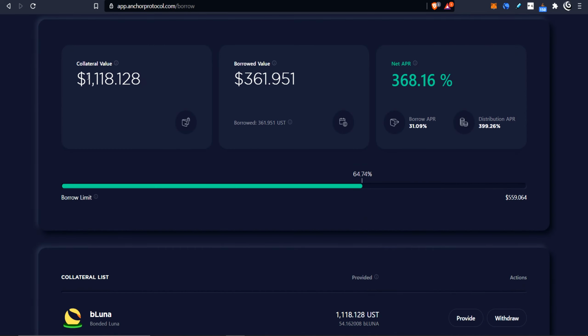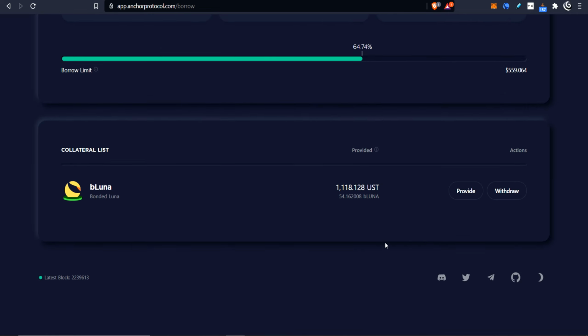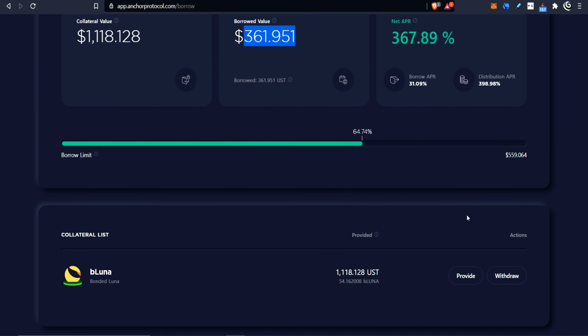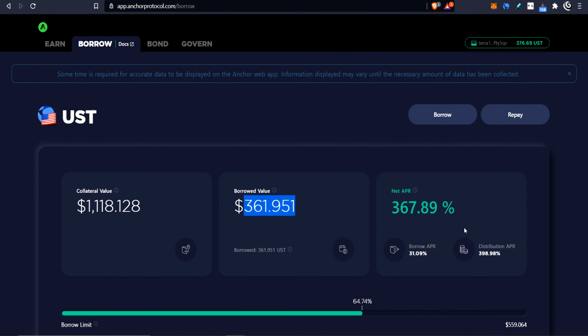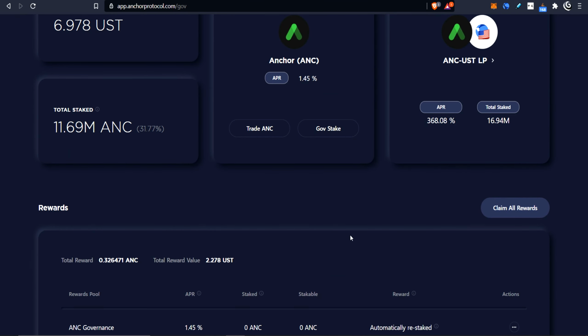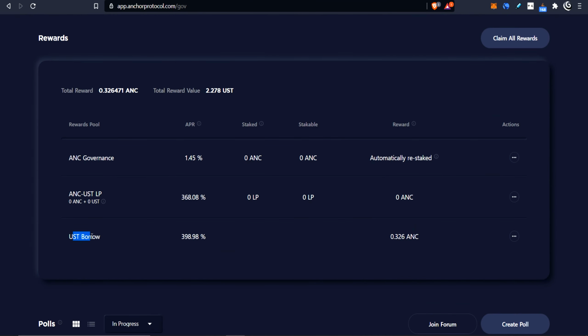Okay, so you borrow this, and as you can see, I've borrowed $361, and I'm gaining rewards of $365 on this $361, not on the total. Okay, so where are these rewards? They are right in govern. So I come over to govern, and you can see down here, you can say USDT borrowed, and that's the interest APR.